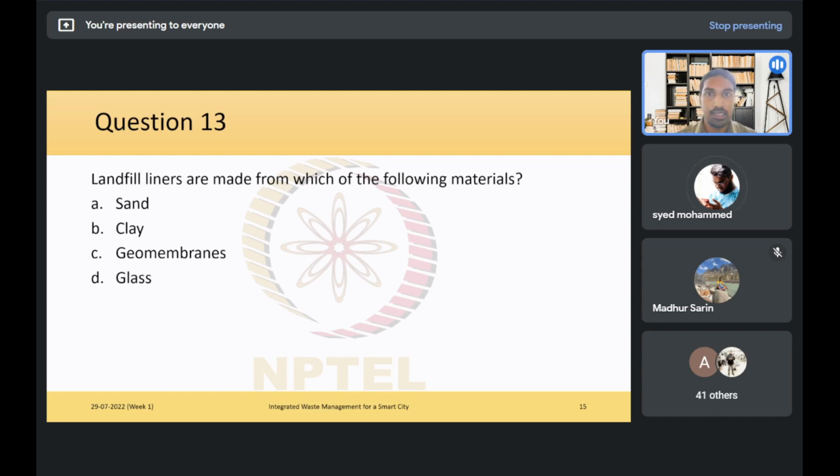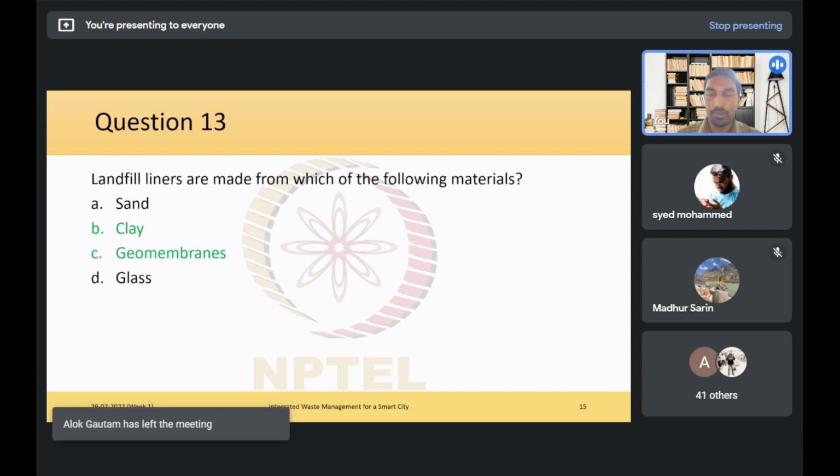As we saw earlier in one of the questions, the geomembrane is one, and also we use clay. We do not use clay as such; we compact this clay so that we reduce its permeability. But the question is about the materials here, so it is both clay as well as the geomembranes, right? So the compacted clay can be used as a liner layer as well as the geomembrane.